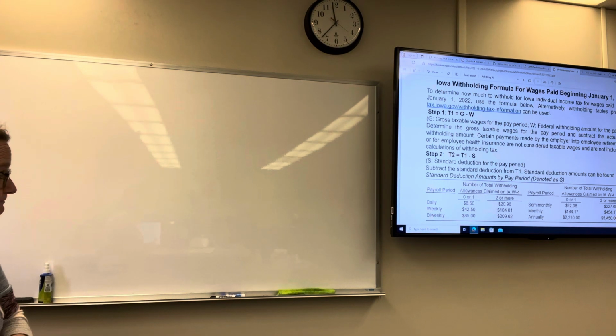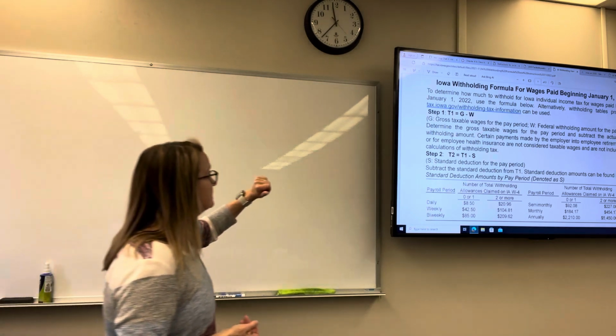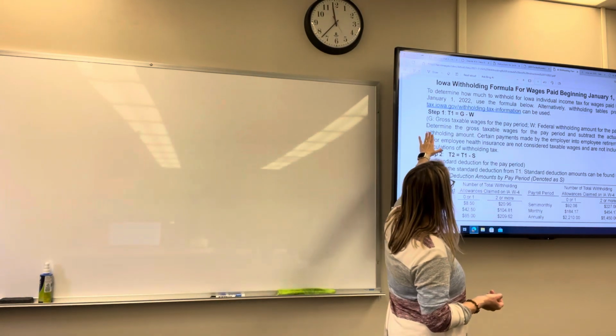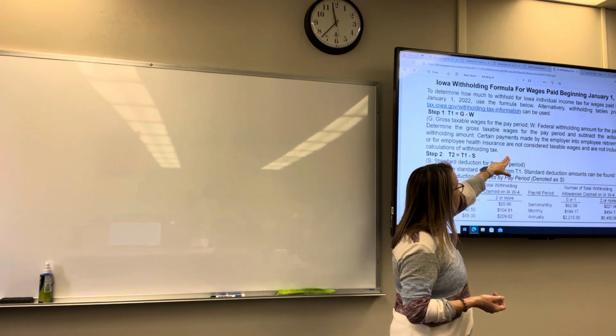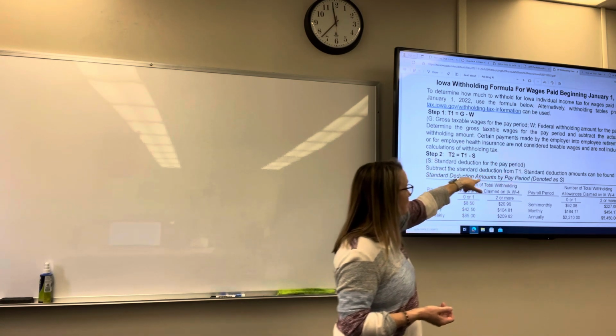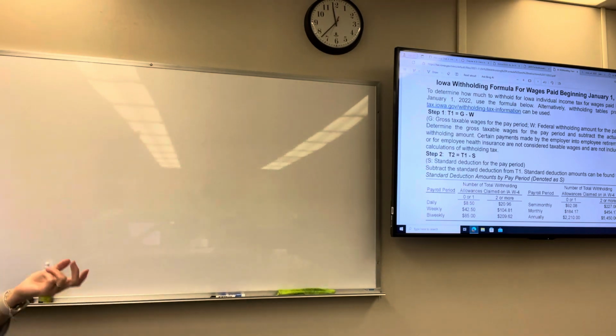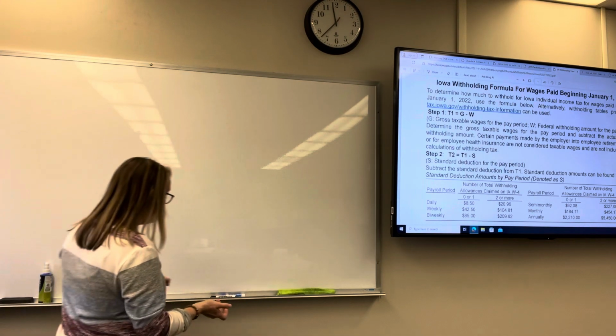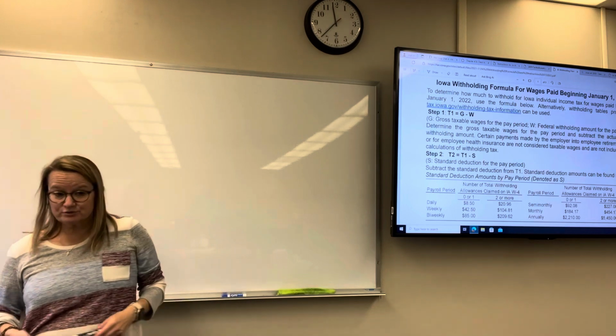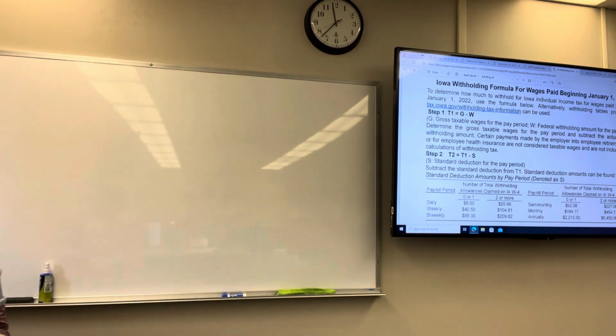So step one, gross taxable wages are G. W is the federal withholding amount for the pay period. So you get a deduction for the amount of federal taxes that are withheld. That's because on the Iowa tax return, you get a deduction for any federal income taxes that have been paid during the year.